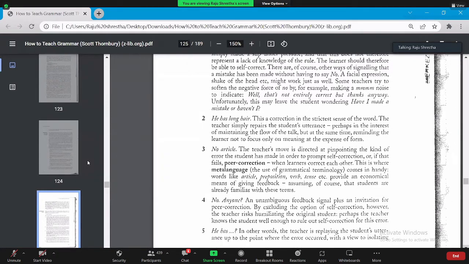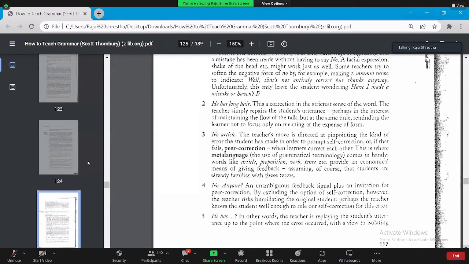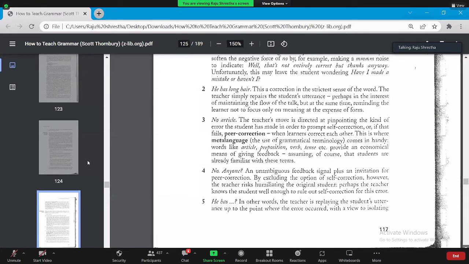And he has — stop at the place where there is a problem or an error. Instead of just saying it, say "he has" in a question tone. Then students will realize, oh, something is mistaken there, and they will reflect. This kind of technique we can use.